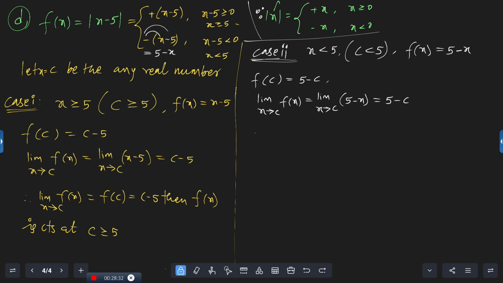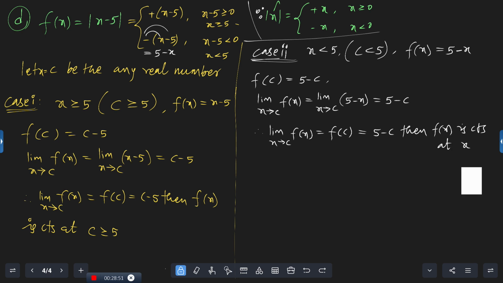So therefore the limit as x tends to c of f of x is equal to f of c, which is equal to 5 minus c. Then f of x is continuous at c less than 5. Okay, right. Now case number 3, what?